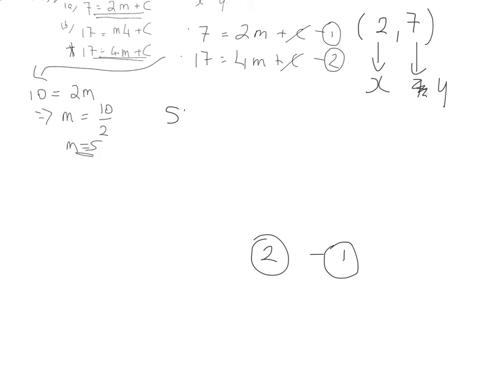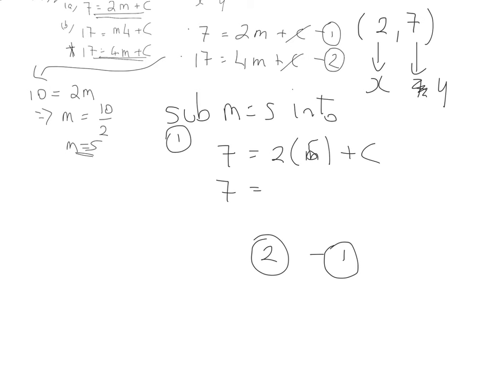So I'm going to sub m equals 5 into, and I'm going to choose equation 1. So where I see m in equation 1, I'm going to replace it with 5, so that's going to be 7 equals 2 lots of 5 plus c.